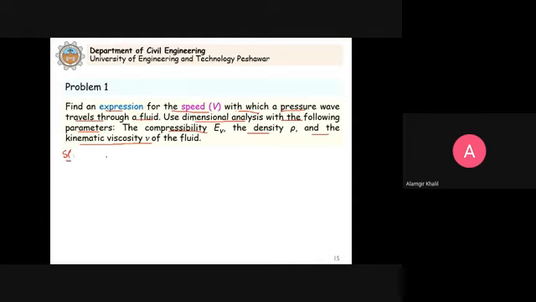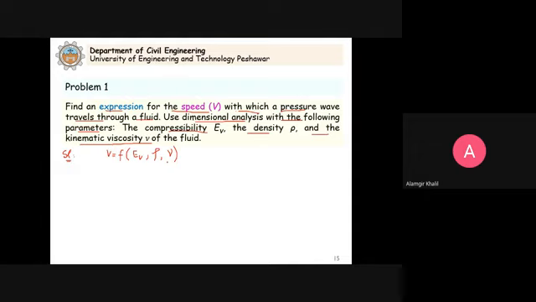So we are applying the Rayleigh procedure. First we write down the expression. So V is a function of these three independent variables: the volume modulus of elasticity E_V, the mass density rho, and the kinematic viscosity nu.